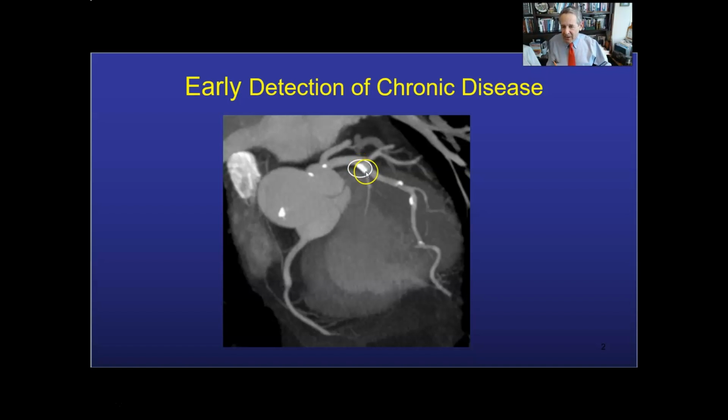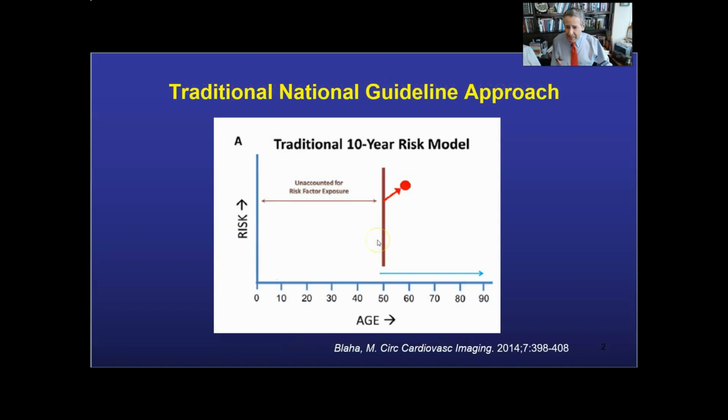It's not a widowmaker. You see the largest plaques here because they're the oldest plaques. As atherosclerosis progresses down the artery, and we're going to describe why this occurs, the younger lesions are smaller. In fact, we can tell the total plaque burden and really the age of the lesions and the age of exposure to risk factors. And that's what we're going to talk about today.